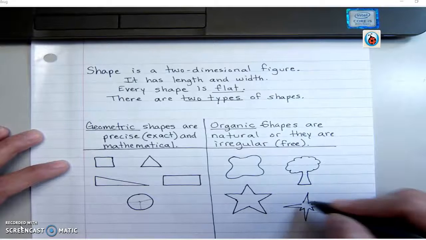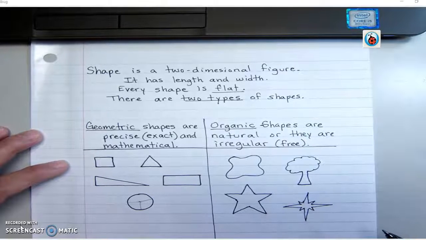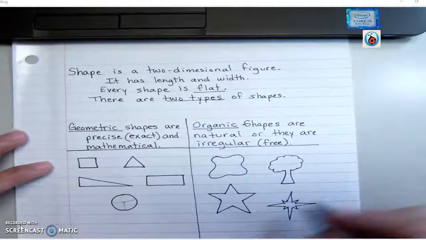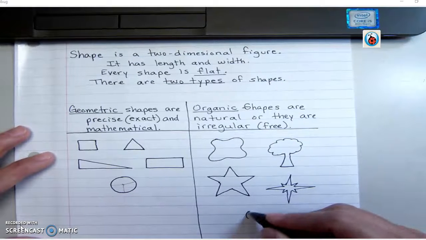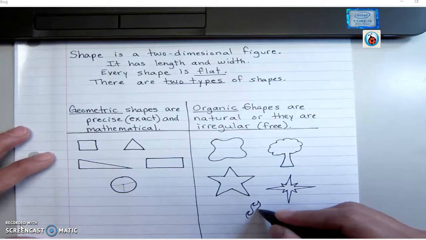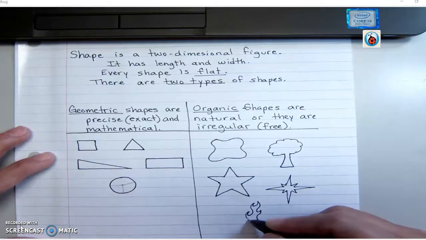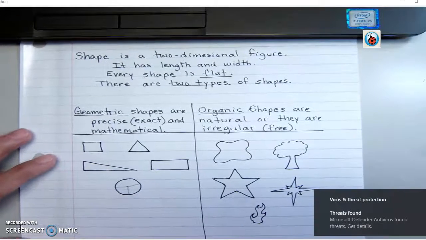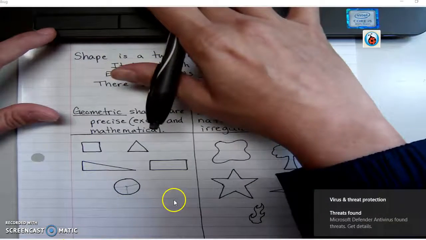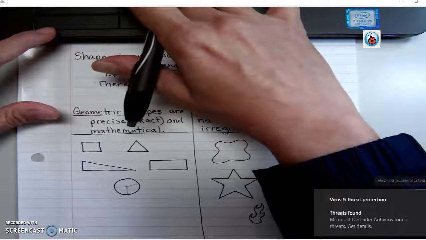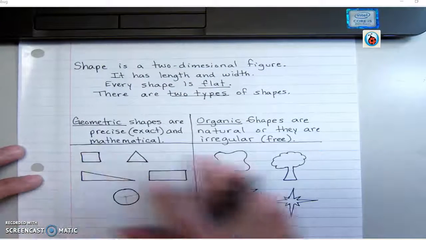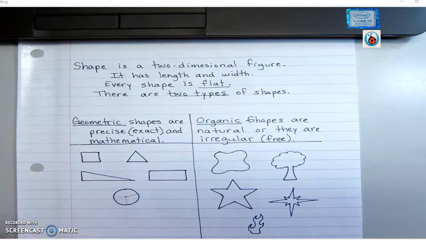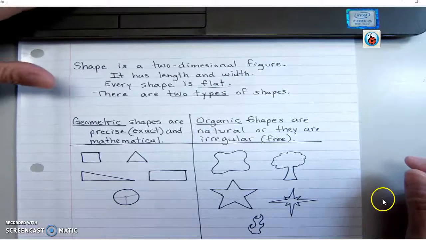But a star could look like this too. So a star could be all kinds of ways. Maybe a flame. So you did something like that. As long as you close it up, that's a shape. Okay? So any of those things, those are considered organic shapes. So this is the difference between geometric shapes and organic shapes. Okay? Make sure you get these written down for your notes.